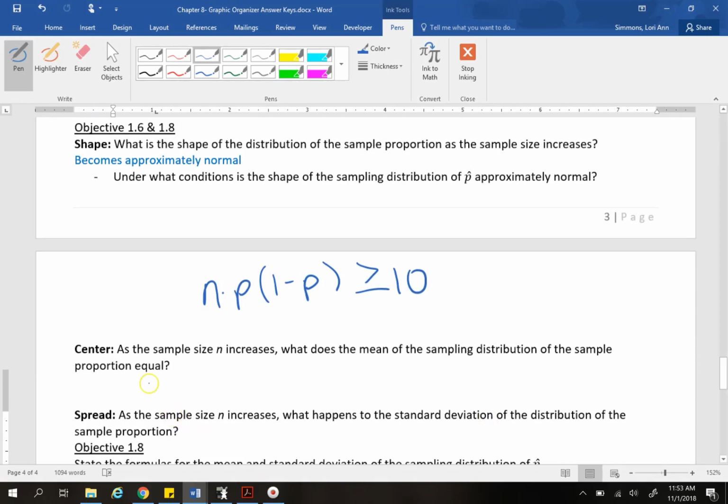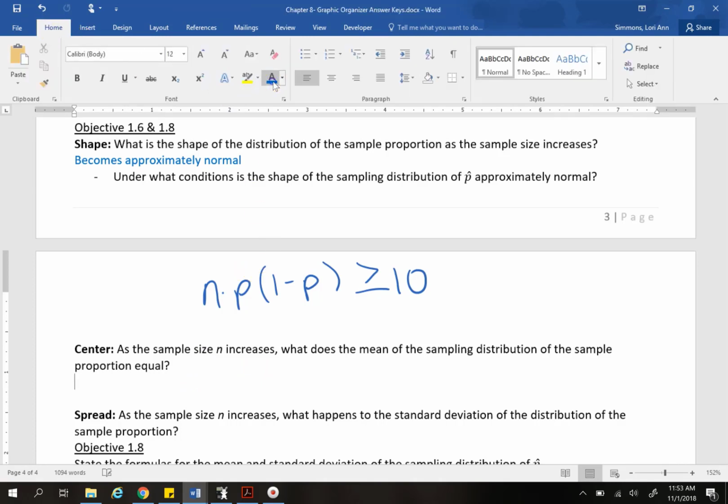What about the center? As the sample size n increases, what does the mean of the sampling distribution of the sample proportion equal? This is going to equal the population proportion p.